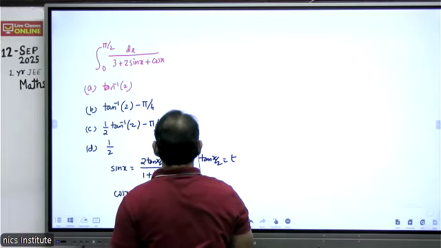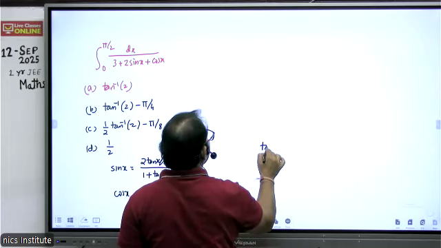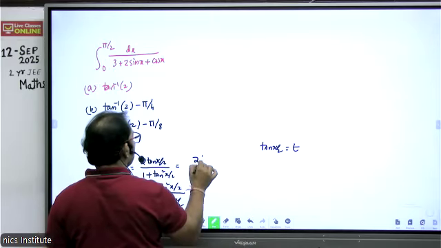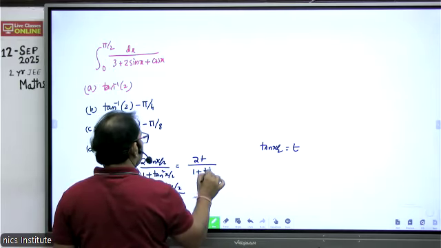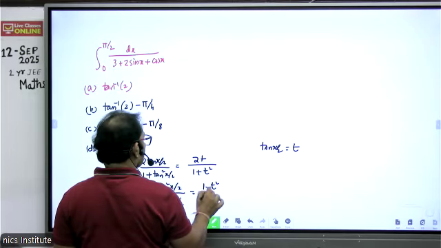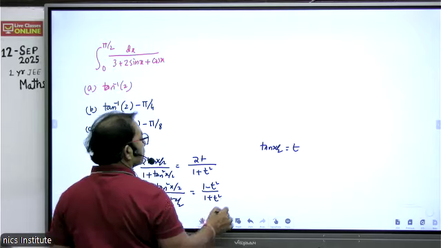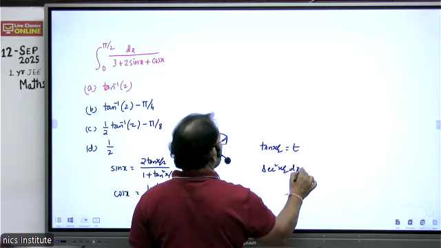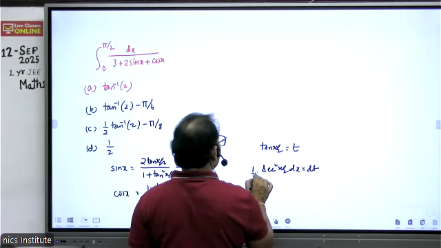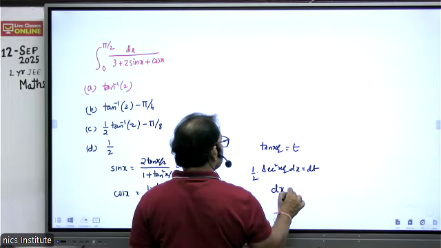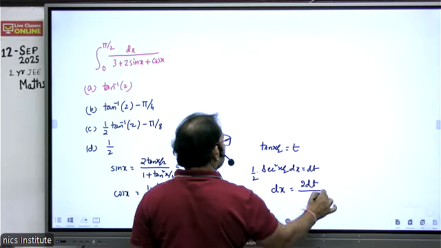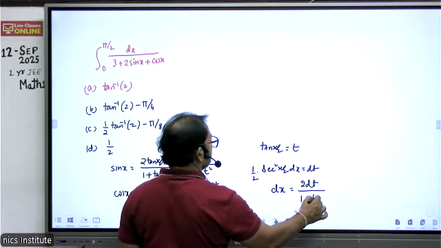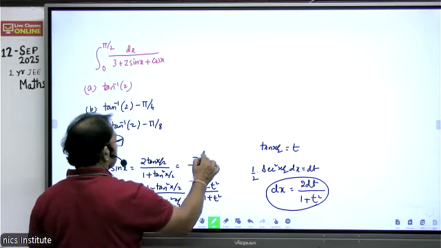If I substitute tan x by 2 as t, that means this is 2t over 1 plus t square, and this is 1 minus t square over 1 plus t square. If you differentiate this, it is sec square x by 2 dx is equal to dt into half also. So dx becomes 2 dt divided by sec square x by 2, which is 1 plus tan square x by 2. So this substitution, this and this.